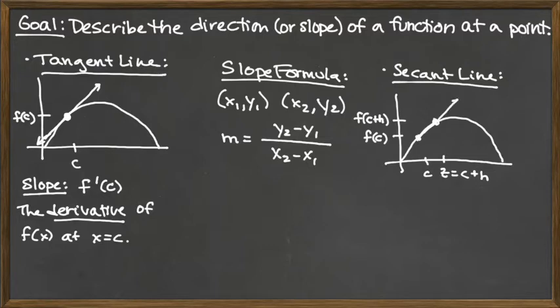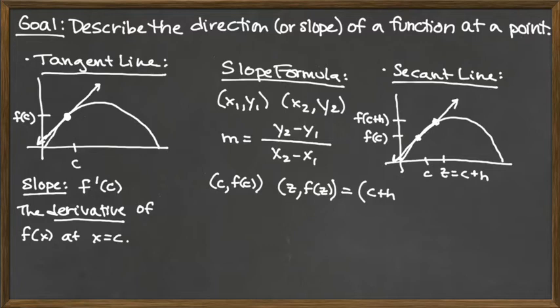Now we have 2 points that are on the function, and if we were to draw a line that connects those 2 points, we could assess what the slope of that line is. So remember, the 2 points that we have here are c, f of c, that's 1 point, and the second point we could call z, f of z, or we could also call it c plus h.